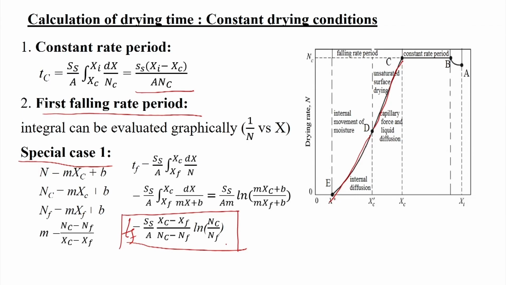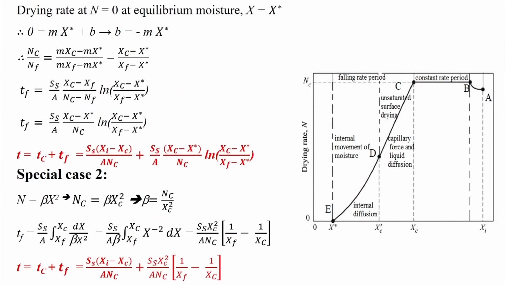If the falling rate is proportional to the square of the moisture content, then Tf will be Ss by A Nc into Xc square into 1 by Xf minus 1 by Xc.